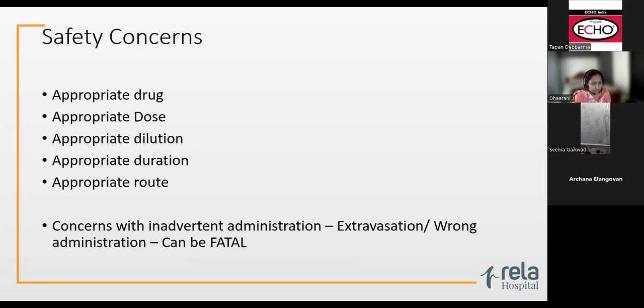In terms of even antibiotics or other drug errors, you all know the implications of having any drug errors. With chemotherapy, the margin of error should be very, very low. So for that, we need to have some understanding and a proper system in place which is to be regularly followed.